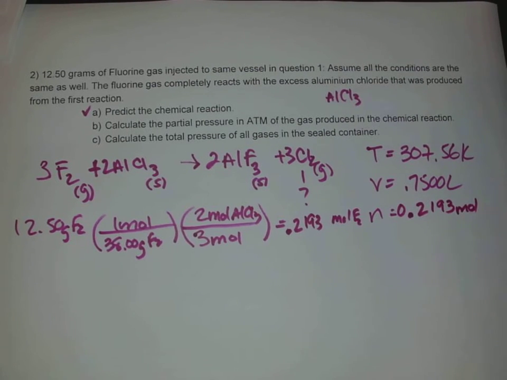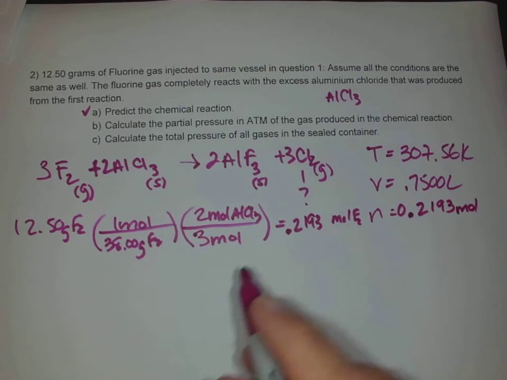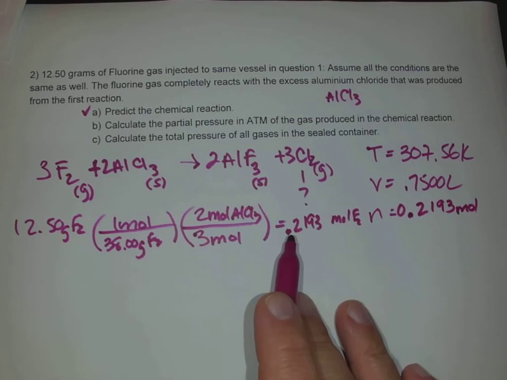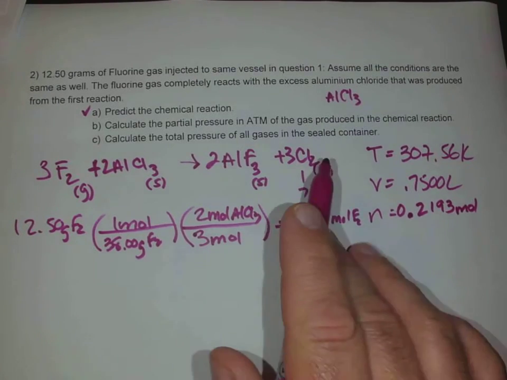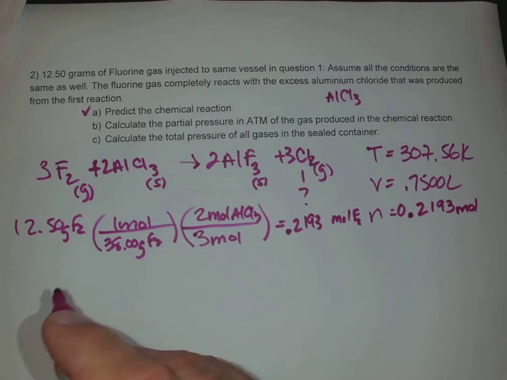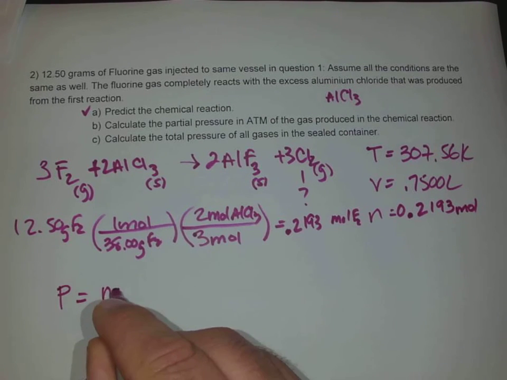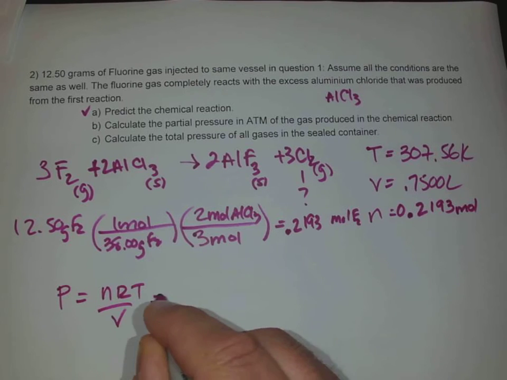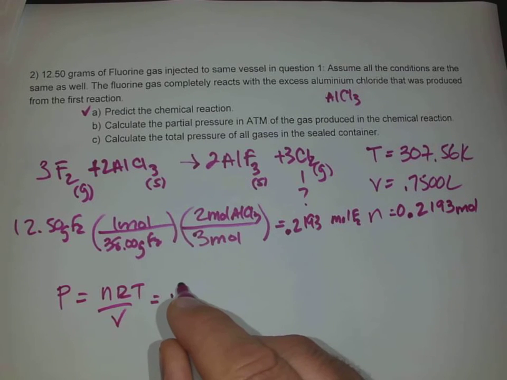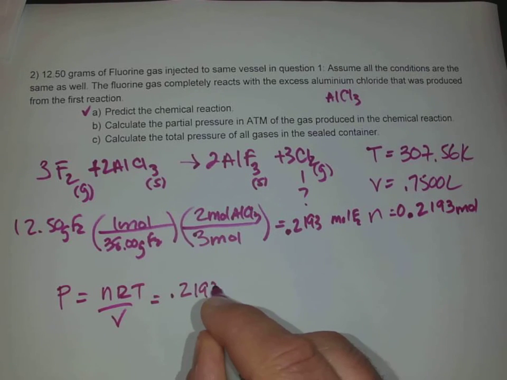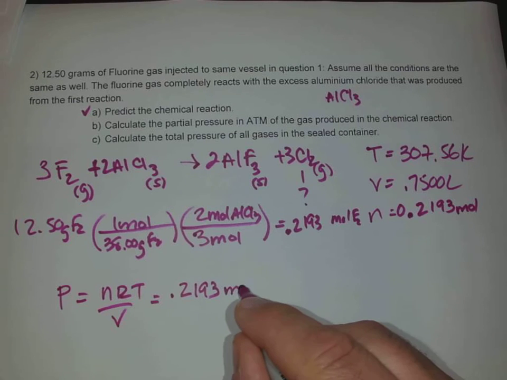So now we have everything to figure out the pressure of this Cl2. Again, pressure equals nRT over V. 0.2193 moles.